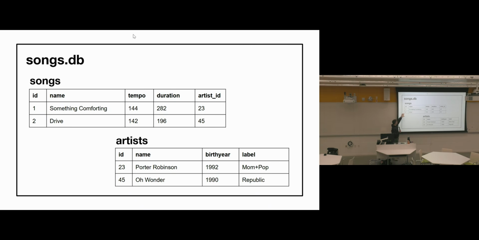Notice that if you want to figure out the artist of a song, you have to go look at the songs table, find the artist ID, and then go to the artist table and find the information from there, right? So you have separate tables that are each storing their own thing.